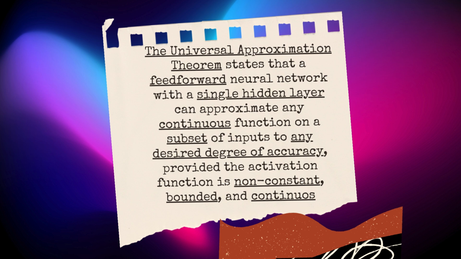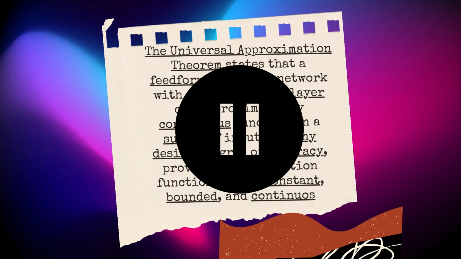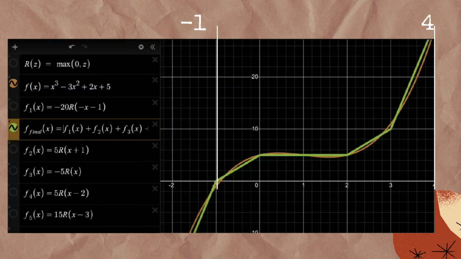to reach any desired degree of accuracy, and you can accurately predict a function as long as it's non-constant, bounded, and continuous. Non-constant means that it's not just a horizontal line. Bounded means that it's only between two specific values. Beyond that, it'll stray very far from the actual curve.